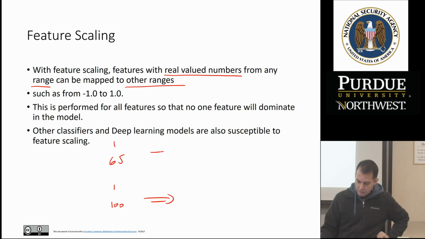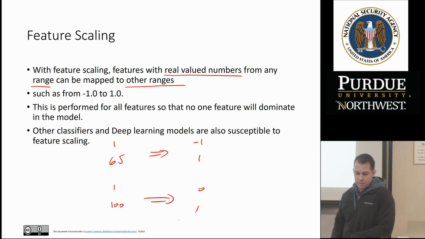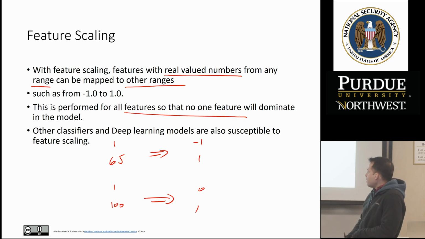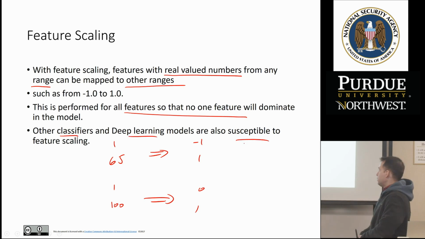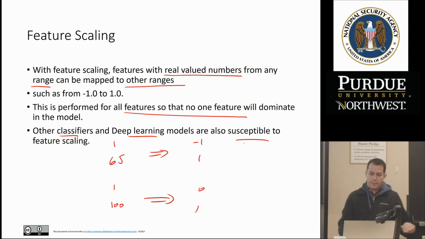Both of these can be scaled to a range of -1 to 1 or 0 to 1. You just want it to be consistent for all the features. This is performed for all features so that no one feature will dominate in the model. Other classifiers and deep learning models are also susceptible to feature scaling, so it is very important.